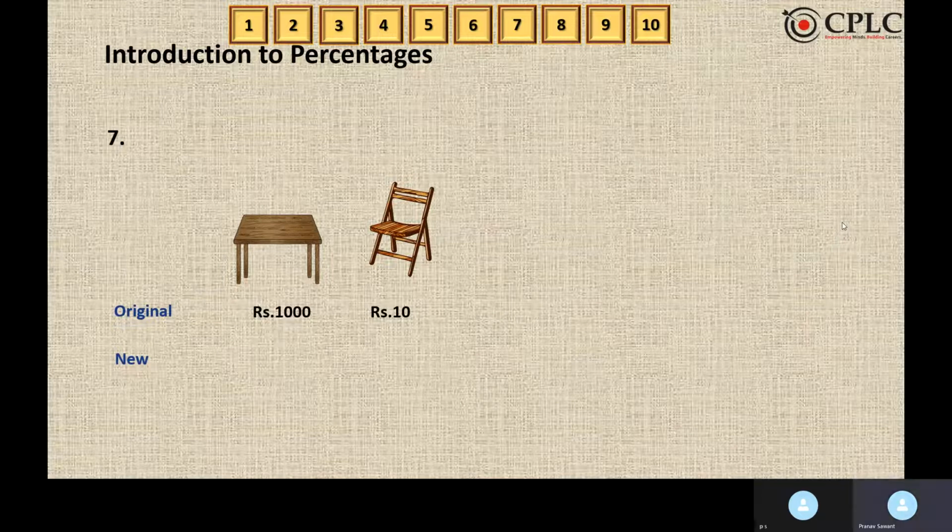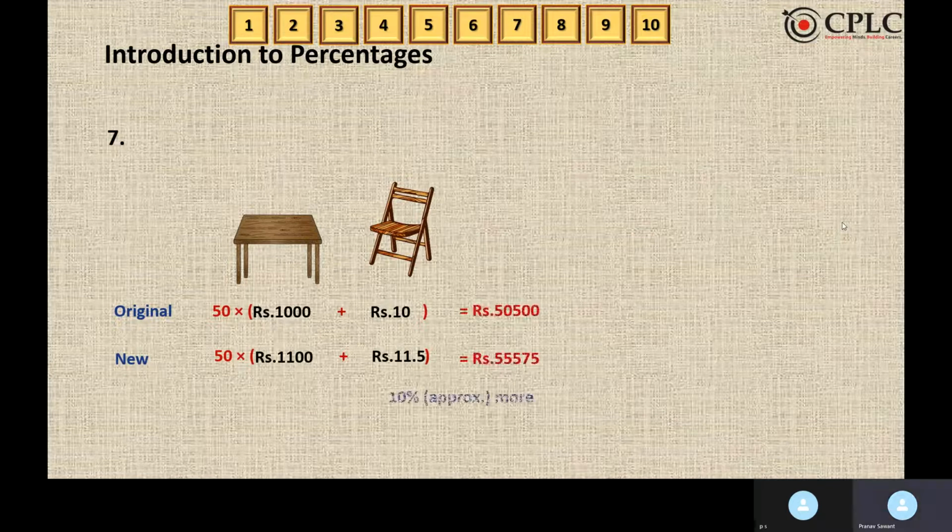They haven't said that table and chair both are equal. So they can be equal or they cannot be equal. Now if we take 1010 and apply the percentage value, we'll get that it's approximately 10% increase. So in each case, we'll get a different answer. Hence, the answer to this question is cannot be determined.